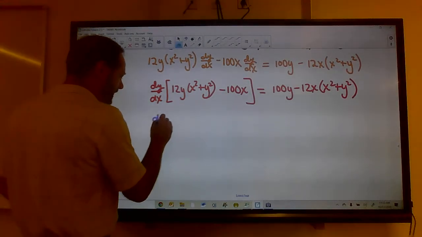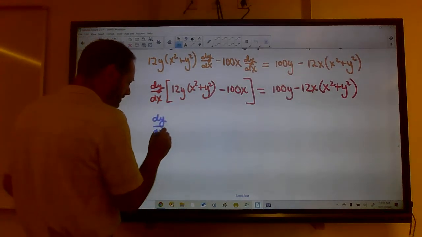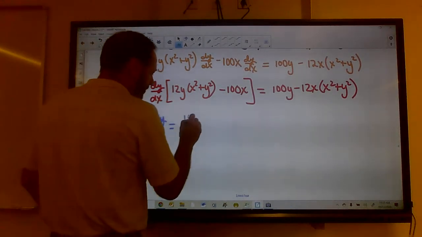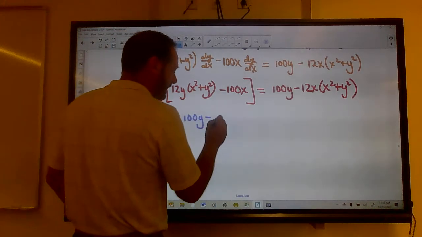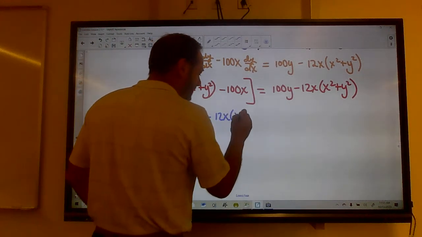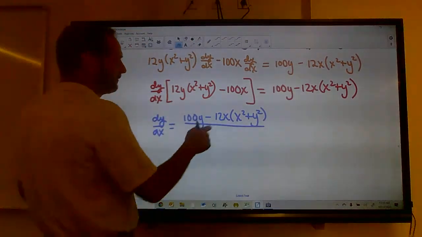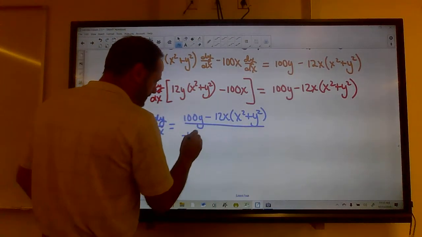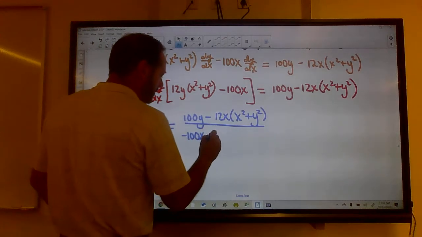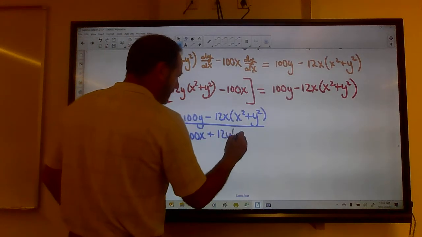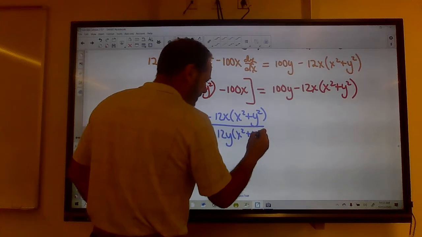So dy/dx is going to equal 100y minus 12x(x squared plus y squared) all over, I'm going to go ahead and put the negative 100x out here in front, plus 12y(x squared plus y squared).